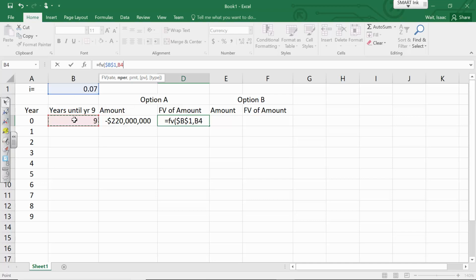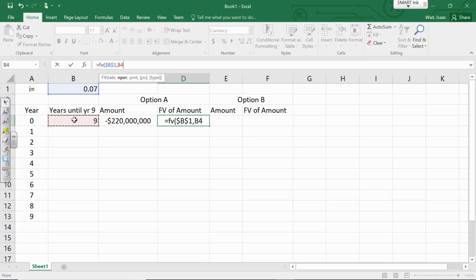So that $220 million in year 0, how many years does it need to travel until it's in year 9? It needs to go 9 years. And so we wouldn't want to click here on the first column, column A, because if we use column A, it would be moving it 0 years into the future, and that would be a mistake.